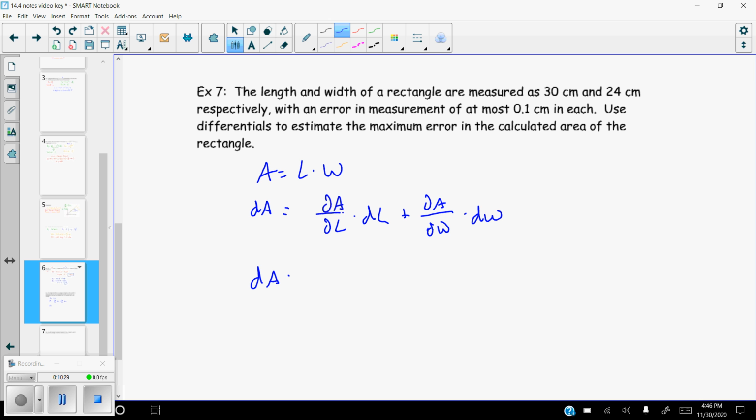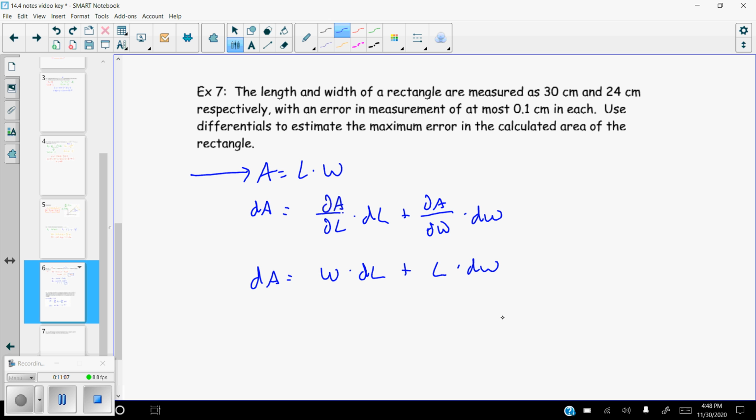So dA here is going to be the partial with respect to L, and the partial of this equation with respect to L is just W times dL, plus the partial of our area equation with respect to W is just L times dW.